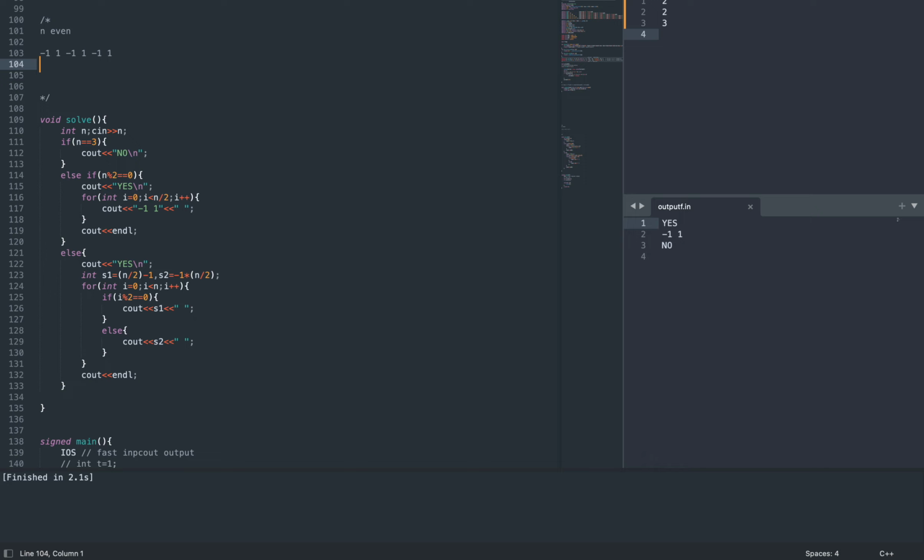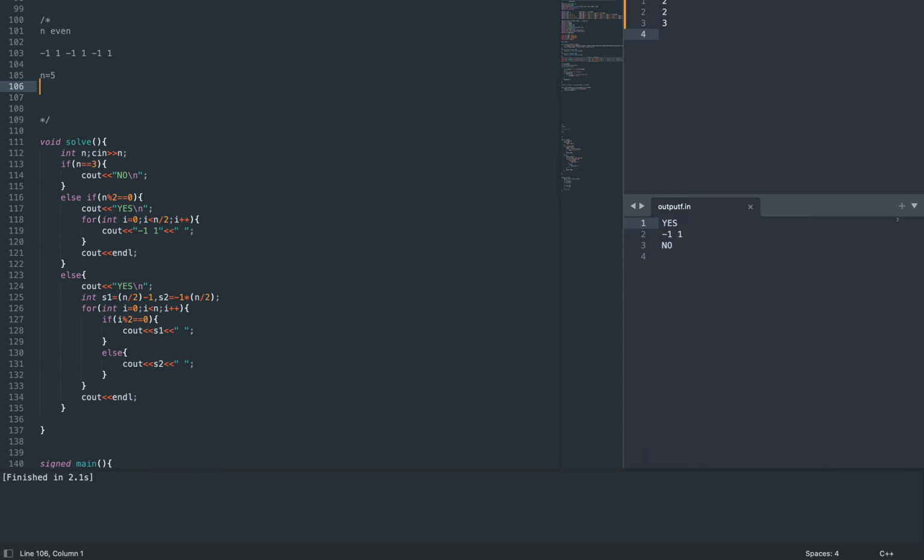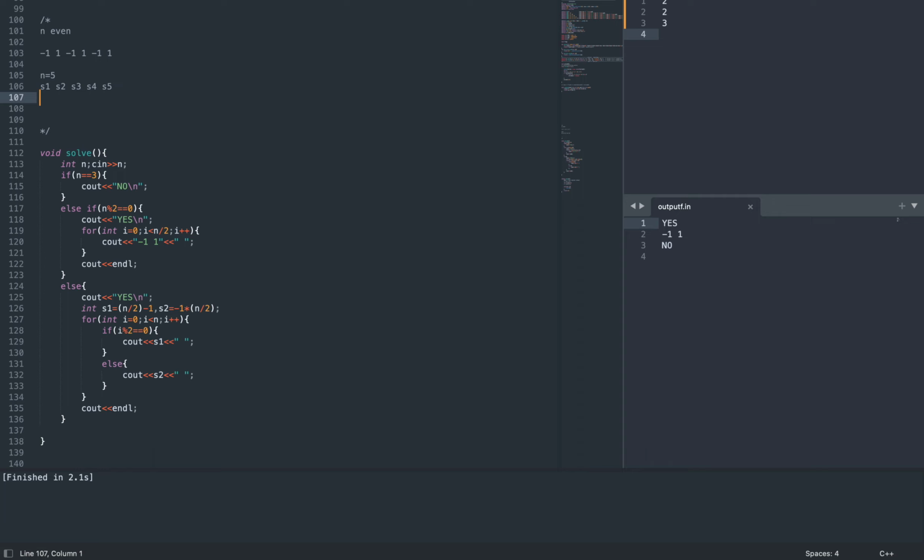The problem is whenever n is odd. When n is odd, we have to find a solution. Let's say n is equal to 5, and we take s1, s2, s3, s4 and s5. The given condition is that s1 plus s2 is always the sum of the whole array. Let capital S be the sum of the whole array.